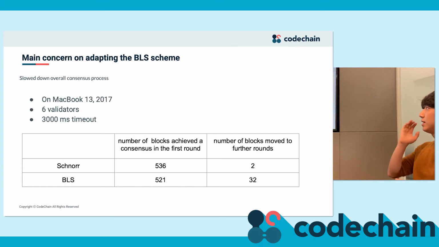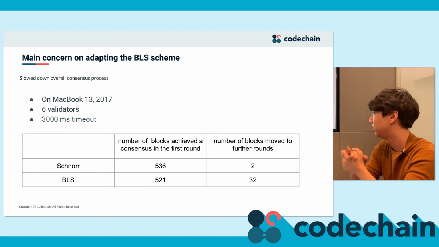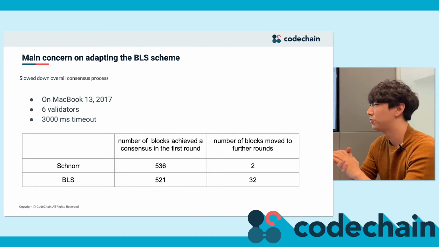When I tested on my local laptop, I checked the number of blocks which achieved consensus in the first round, and the number of blocks moved to further rounds. With the Schnorr signature, most of the blocks achieved consensus in the first round, but when I used the BLS scheme, a meaningful number of blocks moved to further rounds.